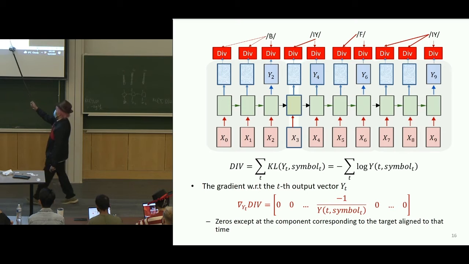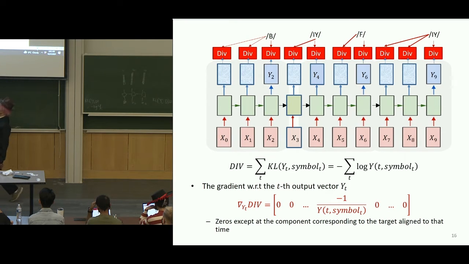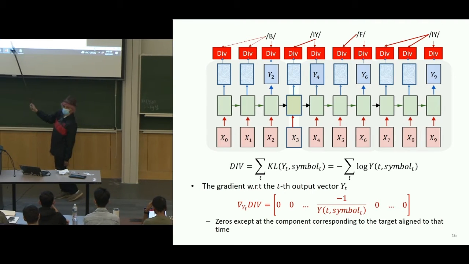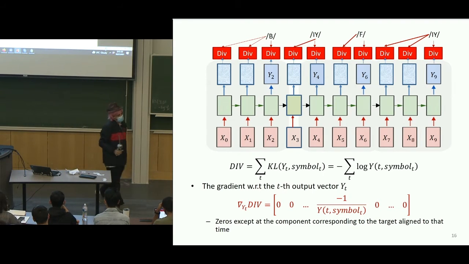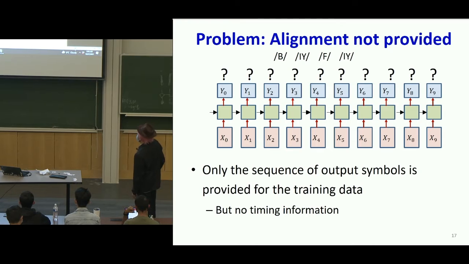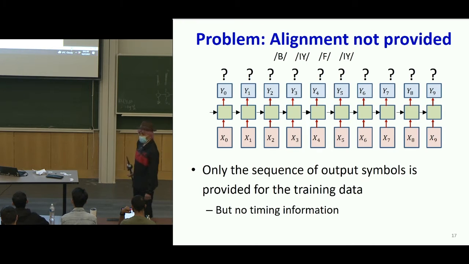So you're going to find that the derivative of the divergence with respect to yt is going to be 0 everywhere, except for the tth symbol, where it's going to be -1 over the probability assigned to the tth symbol. So far, so good.